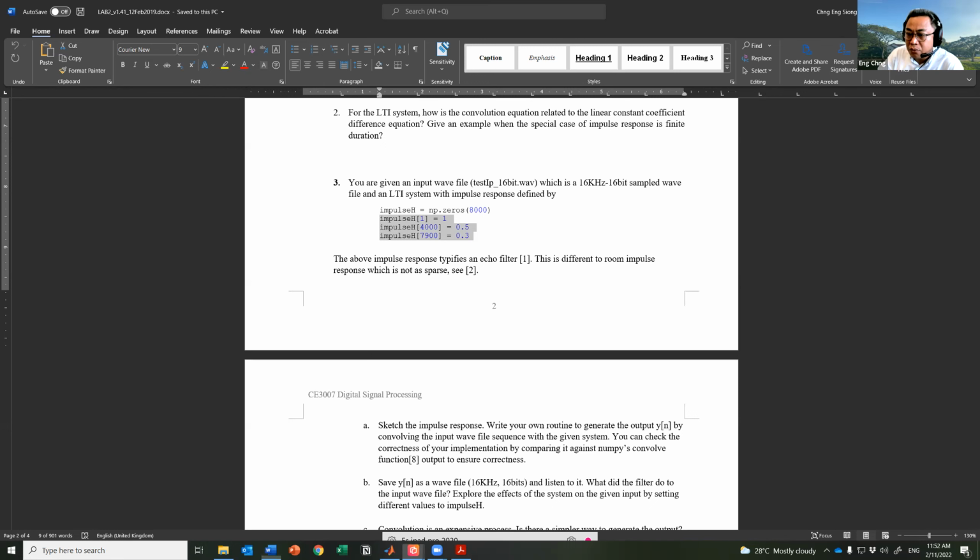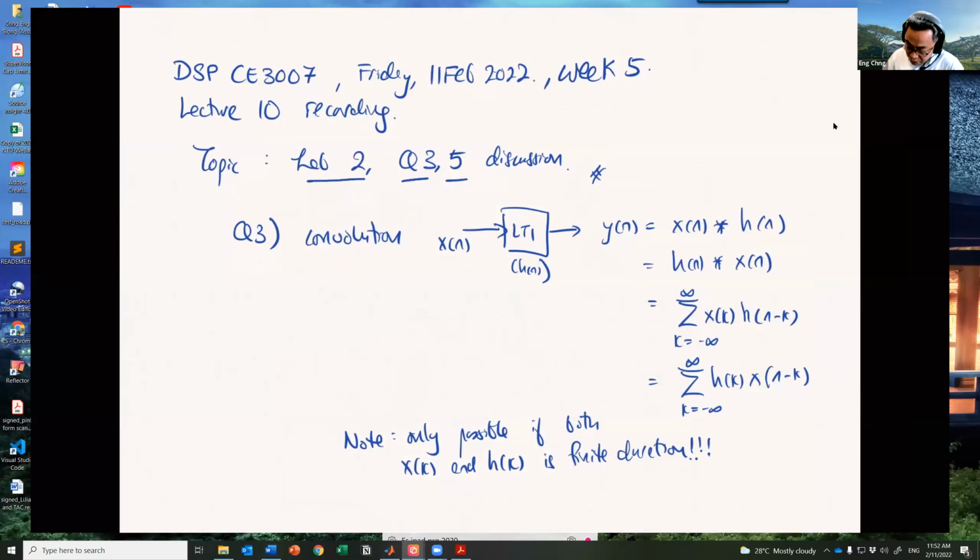But instead of doing that, let us first review what convolution is. The convolution relates the output of an LTI with the input as well as the impulse response. So this is the notation for impulse response, and we now know that this is the notation for convolution.